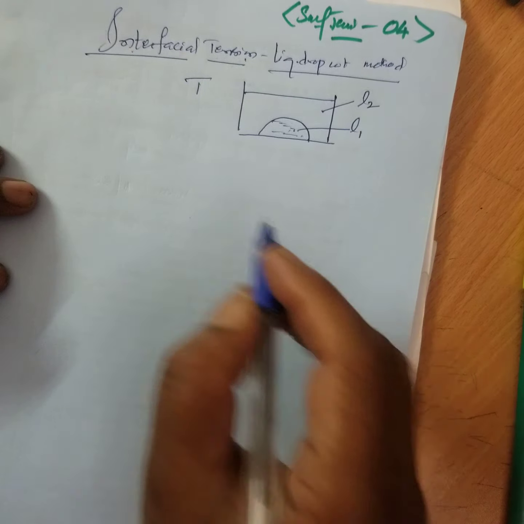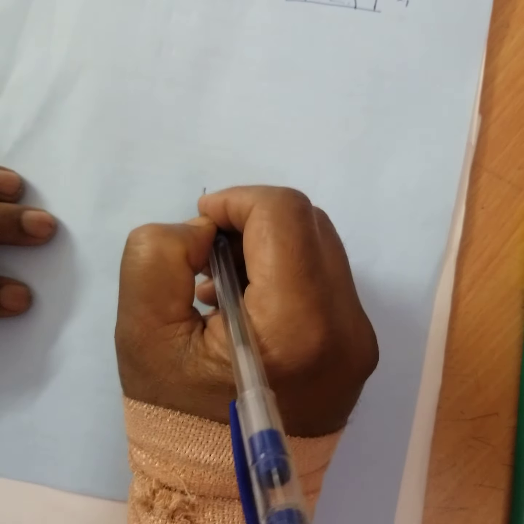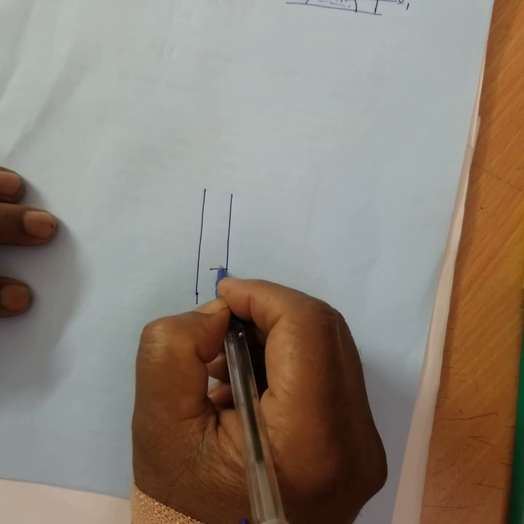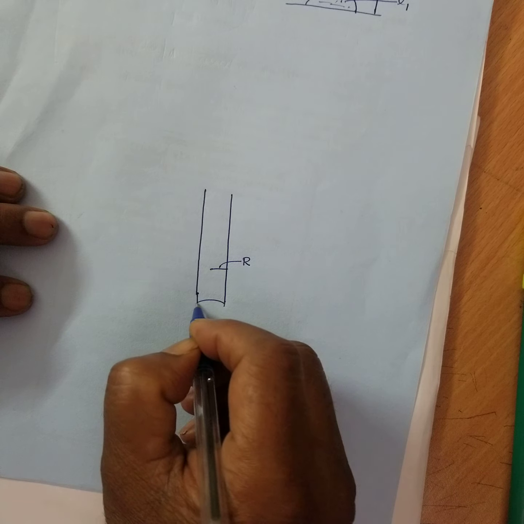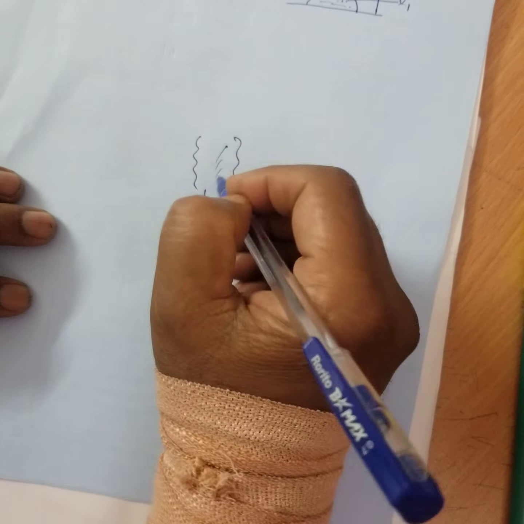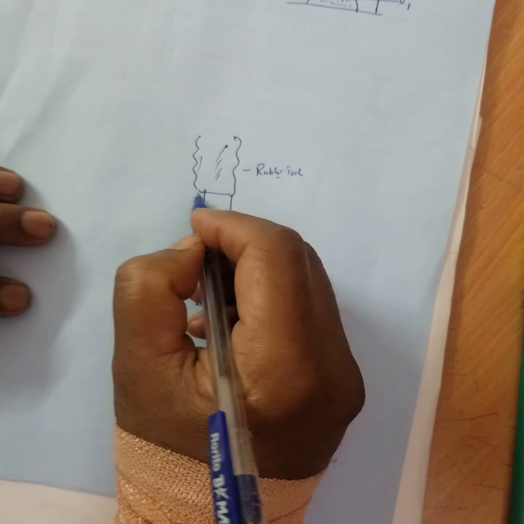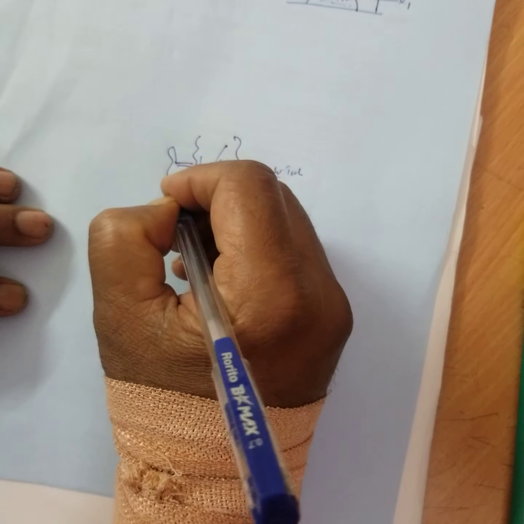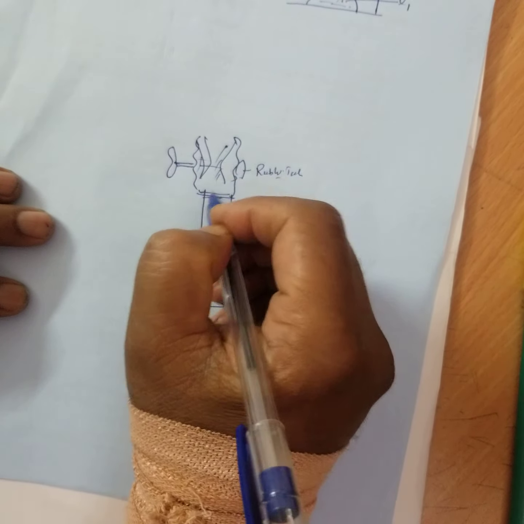For this, you need an apparatus. You take a glass tube of some radius. R is the internal radius of the tube, and this is connected by a rubber tube, and also provided with a pinch cork, so that you can close the gap to control the flow of water.